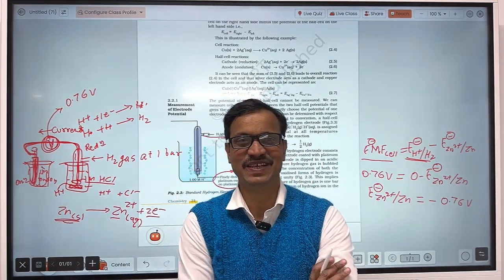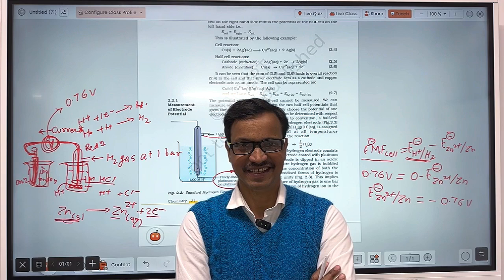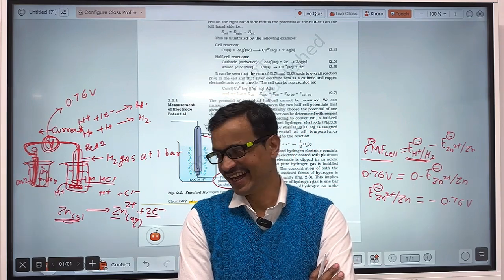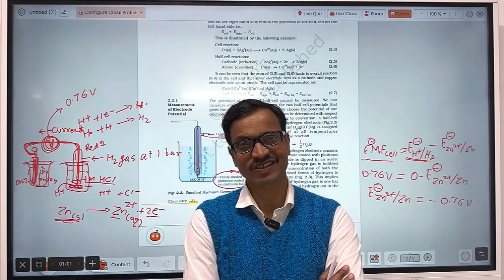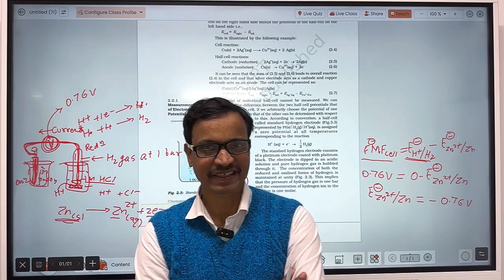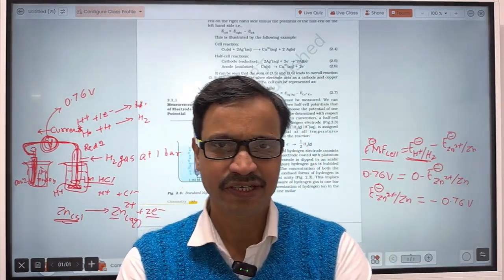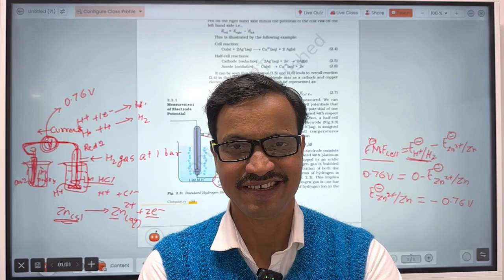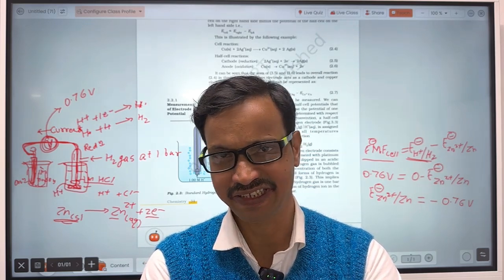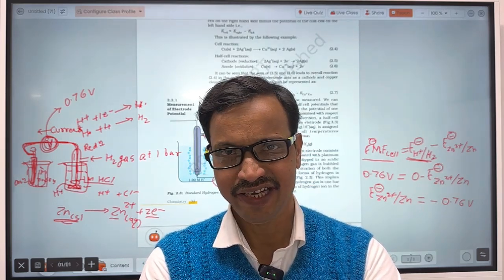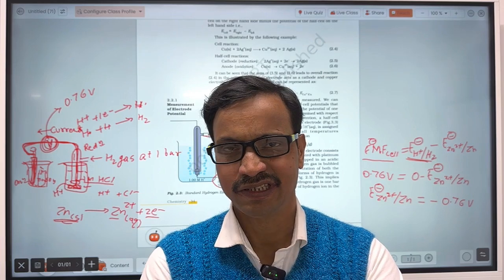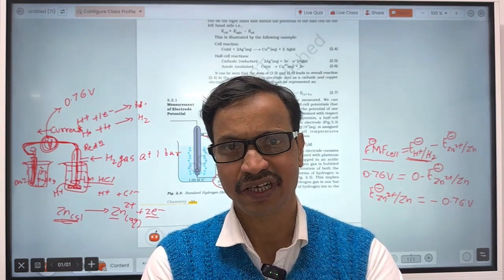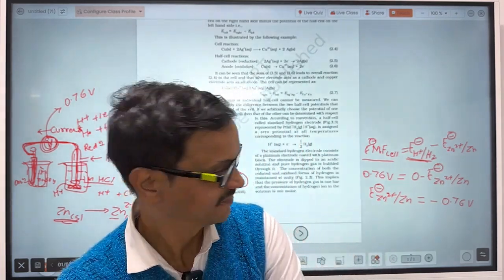Keep this in mind, as it will be utilized in d-block elements and later in this chapter also. A standard electrode potential means reduction potential, that is, the capability to gain electrons.